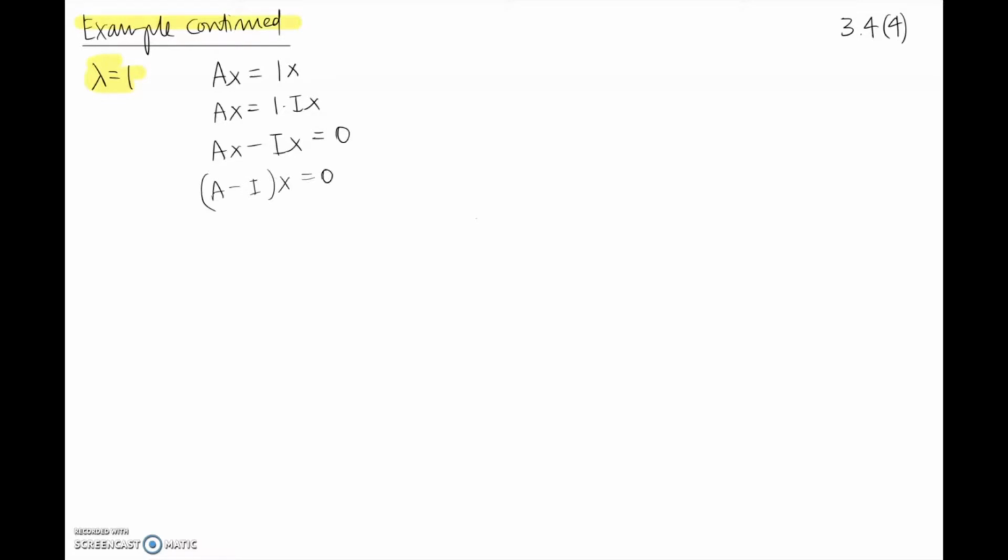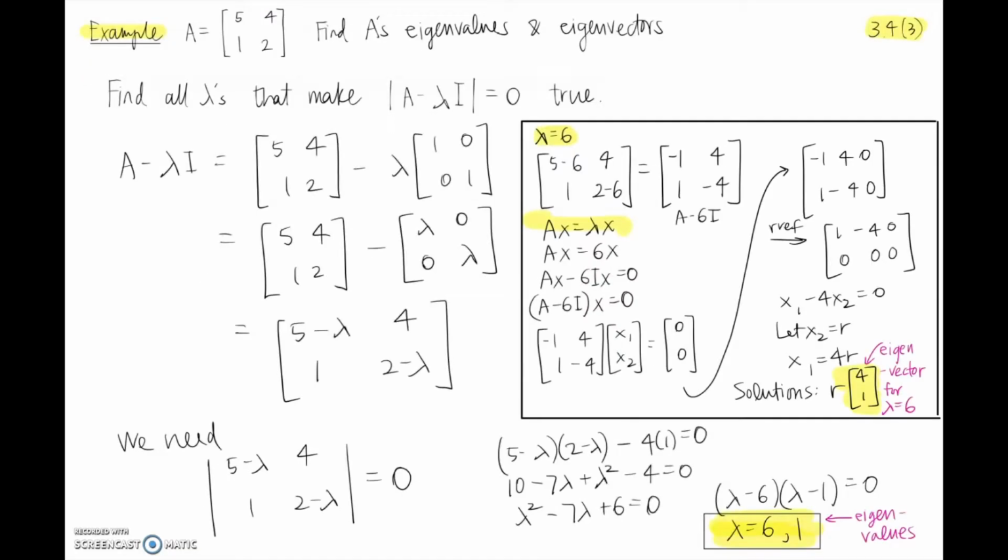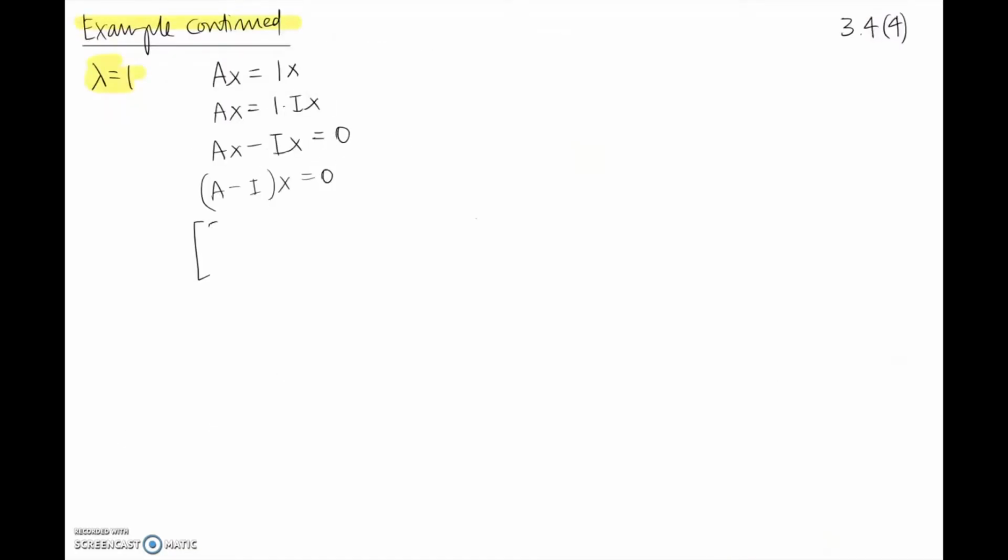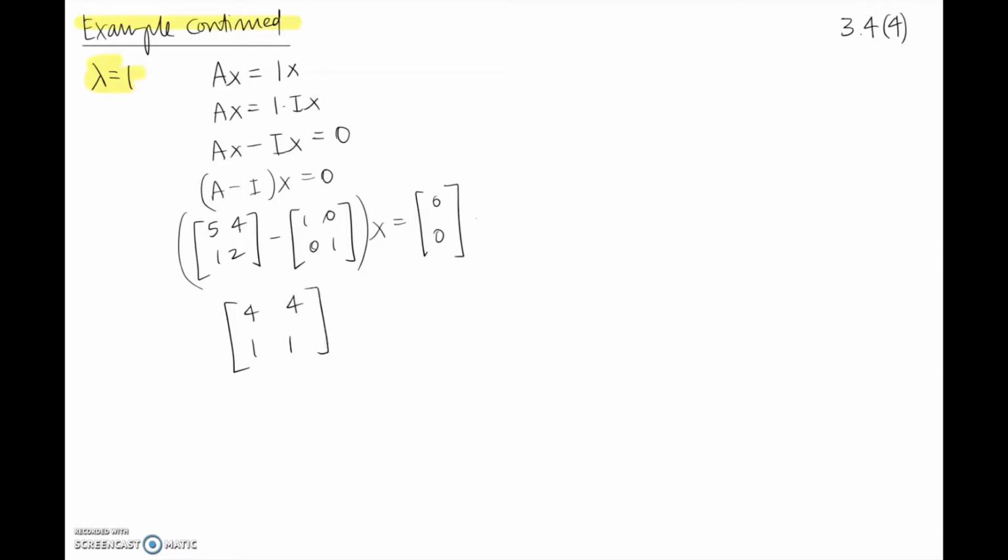And A minus I, let's see, the matrix A was 5, 4, 1, 2, minus the identity matrix. And that times x will equal this. So the matrix is 4, 4, 1, 1, and x1, x2 equals 0.